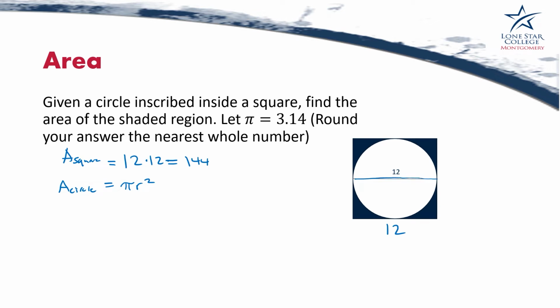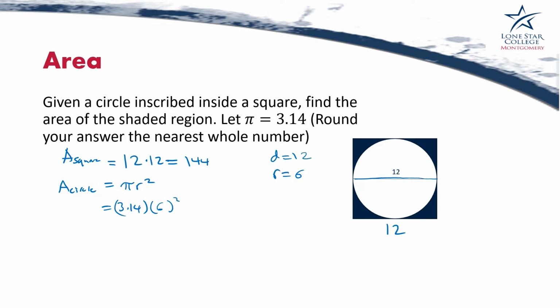Our diameter in this case is 12. Half of that, the radius, would have to be 6. So that means our area would be 3.14 times r squared, which is 6 squared. So that's the area of our circle.